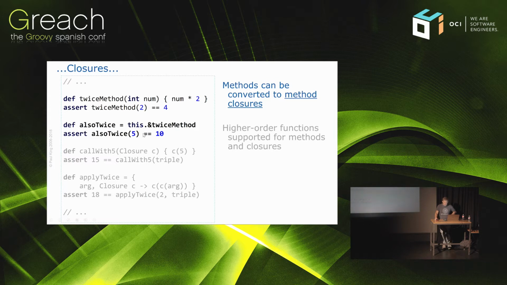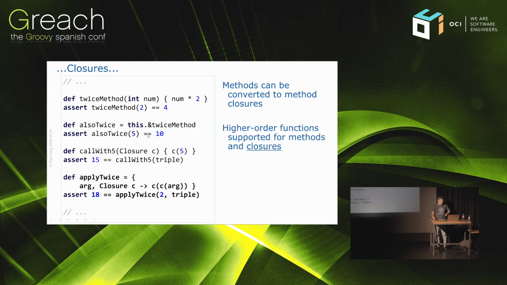And now we've got higher order functions. All that means is that methods or closures can take other closures as their parameters. So functions can take functions as parameters, they can return functions, and so forth. You can see here, applying something twice, I just call it and then call it again.